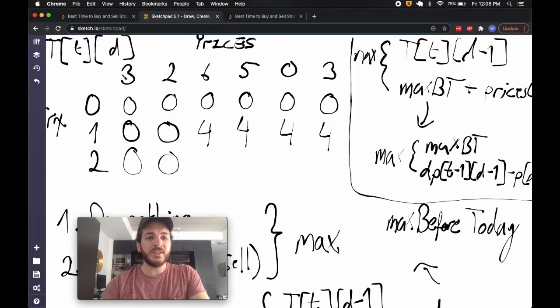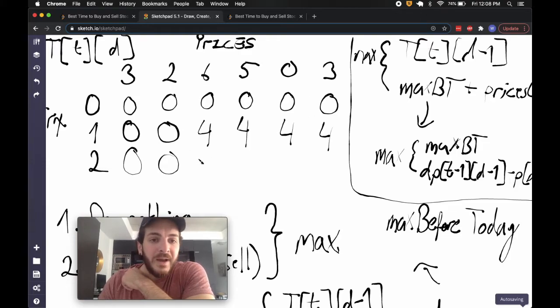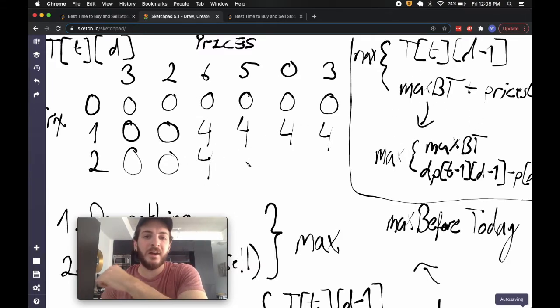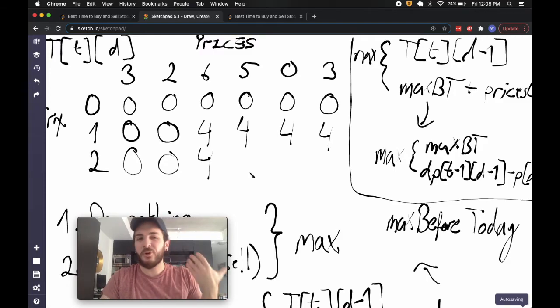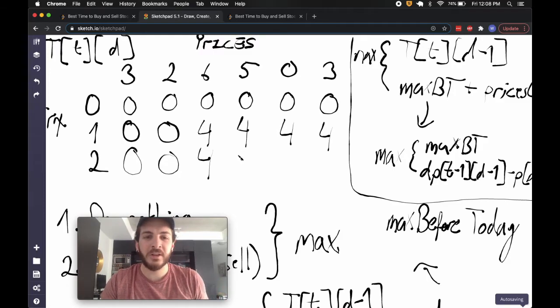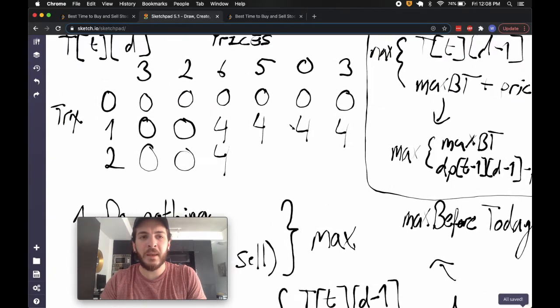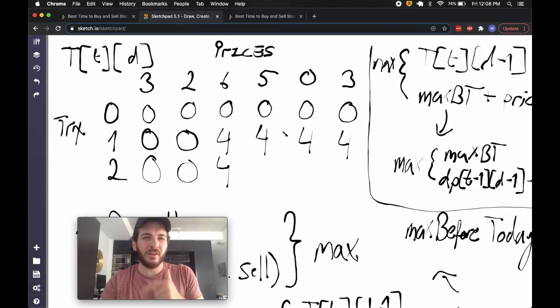No matter how many transactions we have, this 2 and this 3, we're not going to make any magic happen here. By repeating this logic, you're going to see that the exact same outcome occurs here, and we end up getting a 4. Again, I know I'm speeding through this, but I don't want this video to go on for too long, and I think that this intuition was a bit more important than the example. Let me know in the comments down below if you disagree. I can remake this if this isn't clear enough.